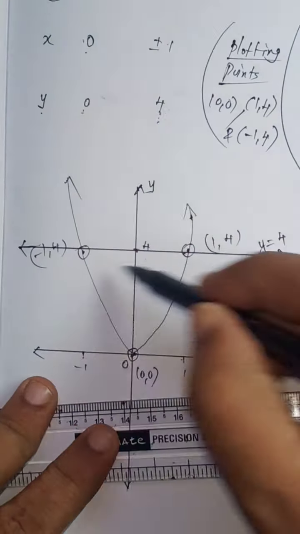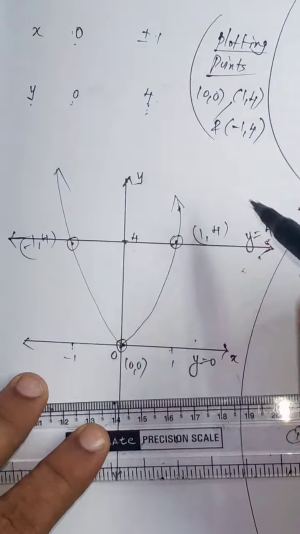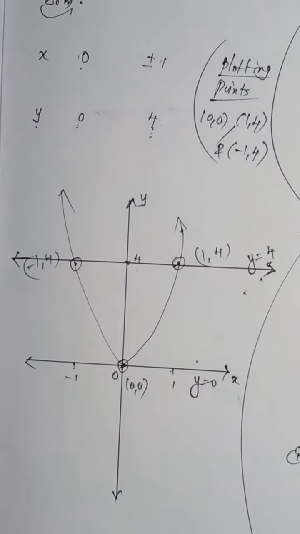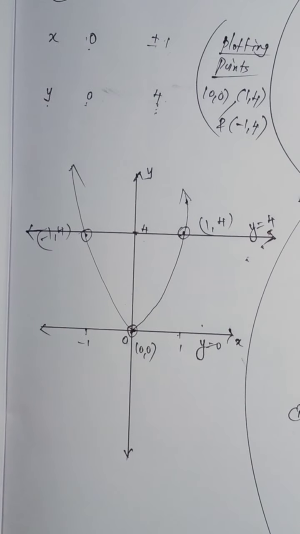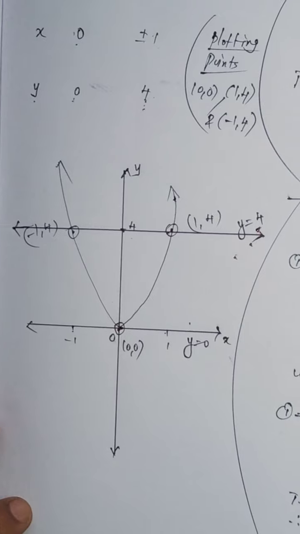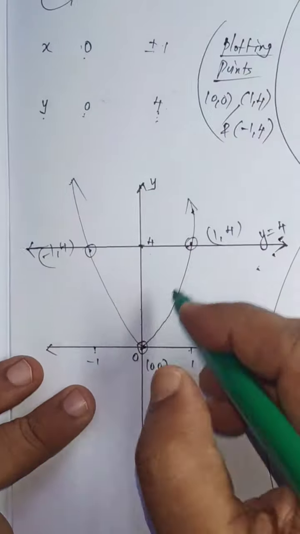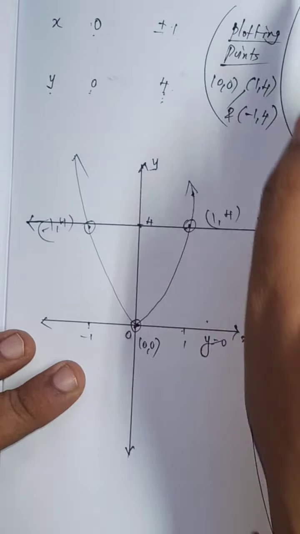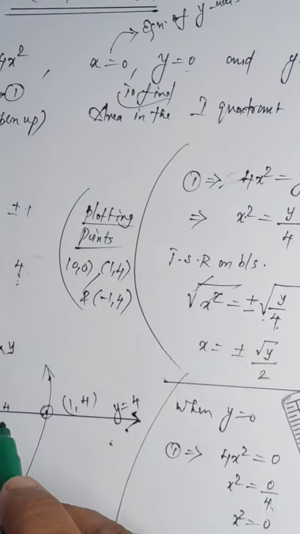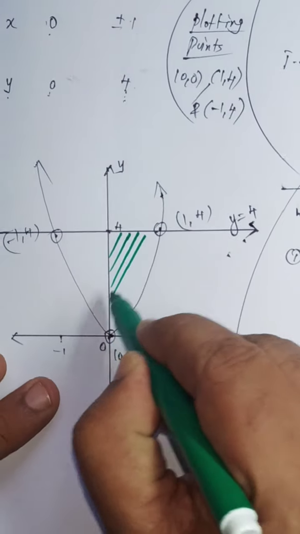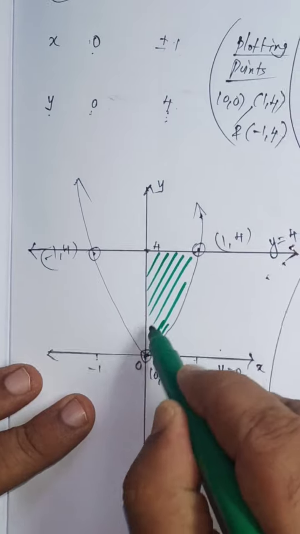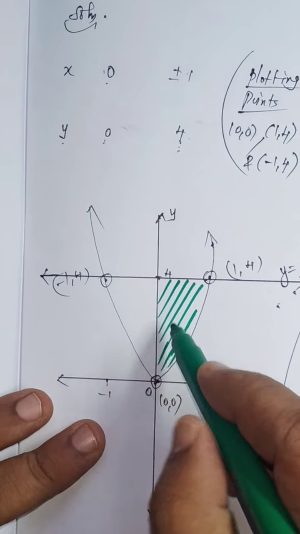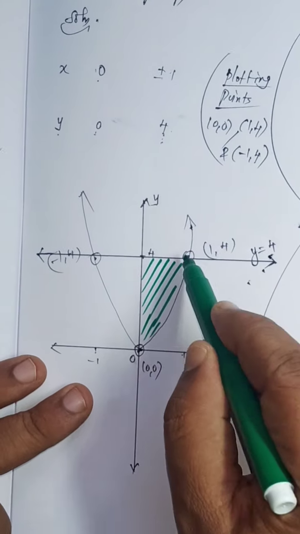Passing through 4, it is perpendicular to what axis? Y-axis. Now, we are asked to find out the area in the first quadrant. This is a closed region. Here also it's a closed region, but you are asked to find out the area in the first quadrant only.